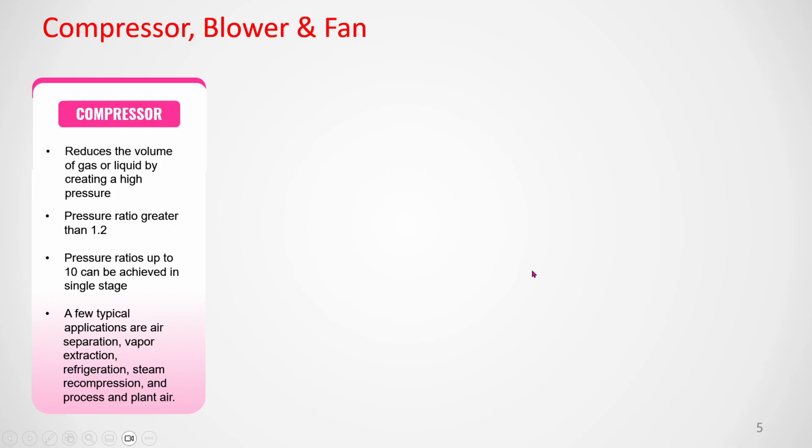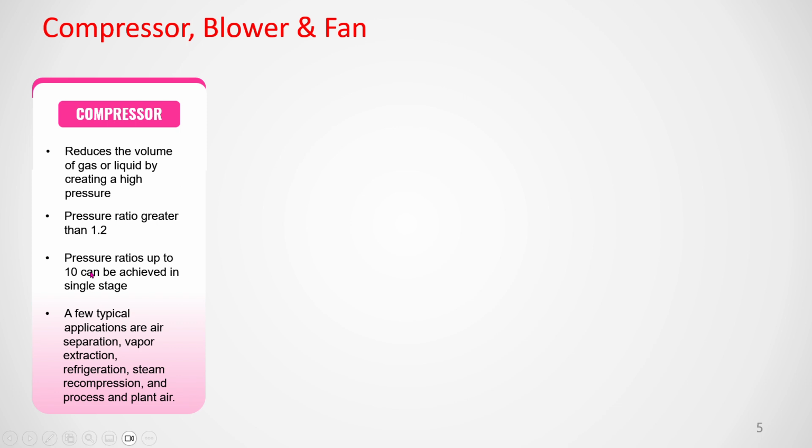Now I will tell you the types of compression process. One is called a compressor, when the pressure ratio, meaning discharge pressure by suction pressure, is greater than 1.2. If suppose the suction pressure is atmospheric and the discharge pressure is 1.2, or the suction pressure is 2 and the discharge pressure is more than 1.2, say 3.5, something like that, then you can say it is a compression.